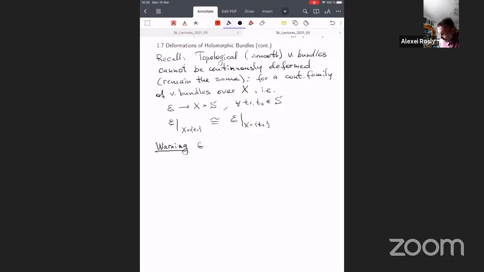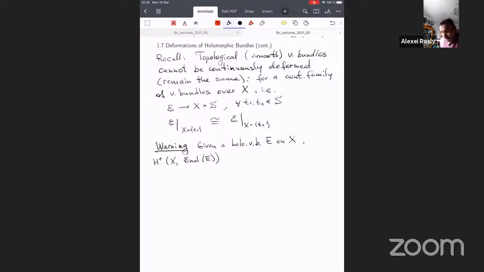So given a holomorphic vector bundle E, where X is a complex manifold as always, the space of infinitesimal deformations is given by H1 over X with coefficients in the endomorphism bundle of E.